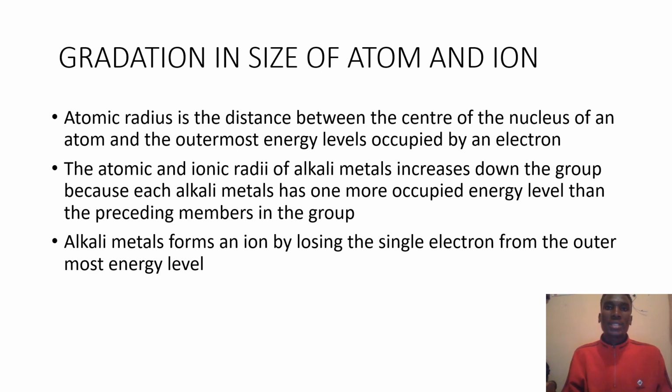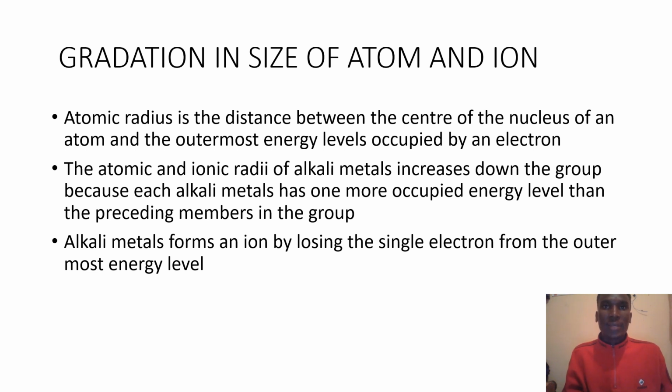When an atom loses an electron to form a positively charged ion, the remaining electrons experience greater nuclear attraction. The remaining energy levels move closer to the nucleus, resulting in a reduction in the radius.